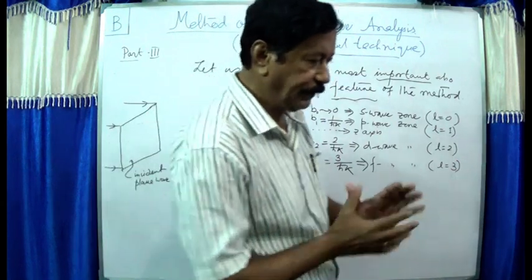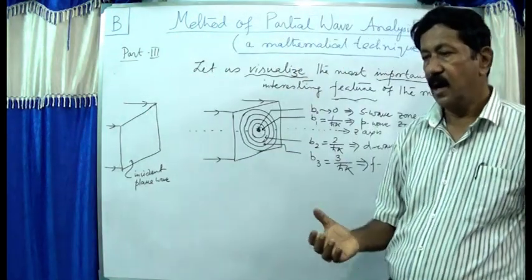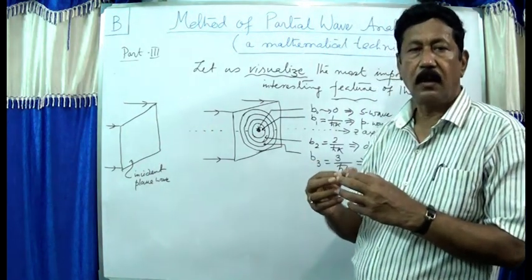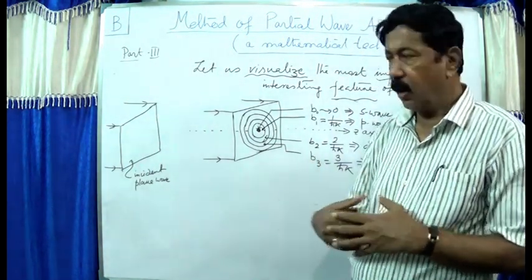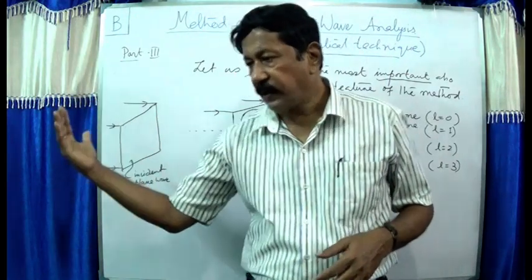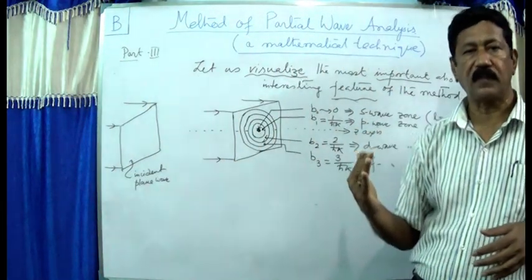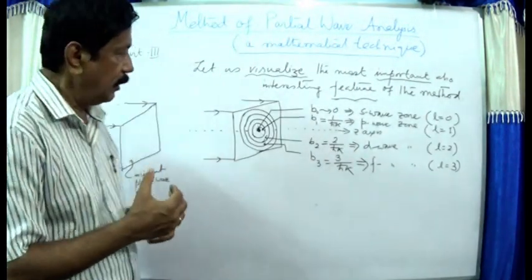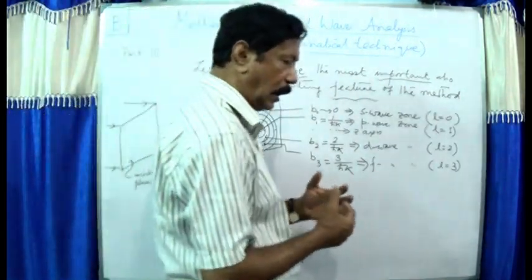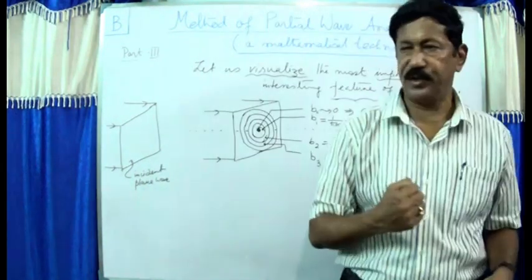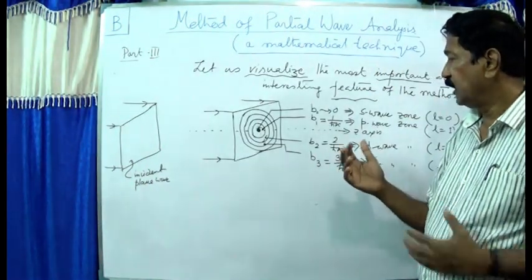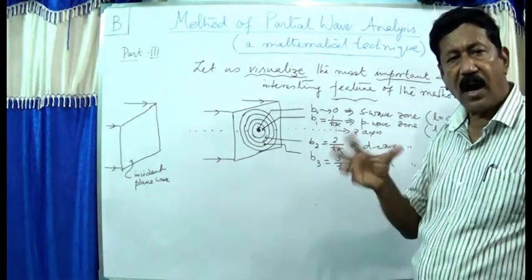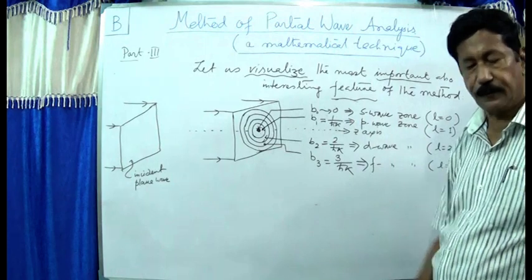So it's a very interesting point that how much the interaction will happen, or what fraction of the incident waveform will get affected due to the interaction with the potential, can be visualized in parts of different regions.